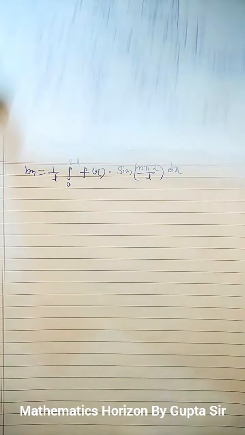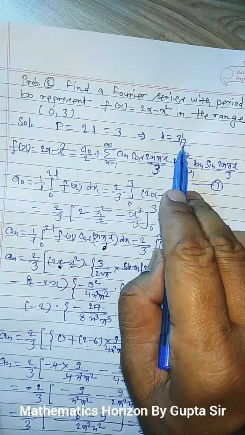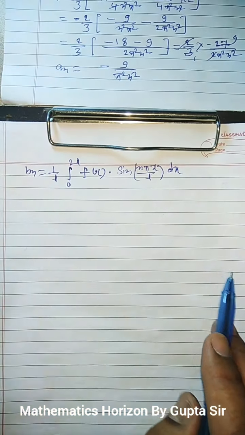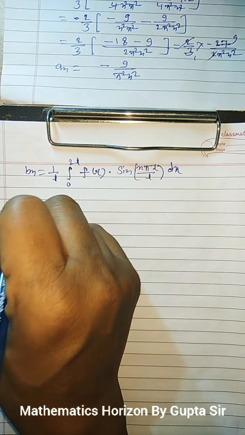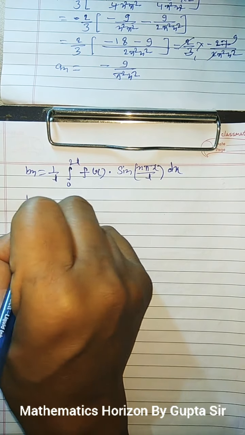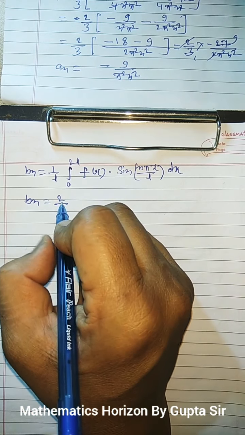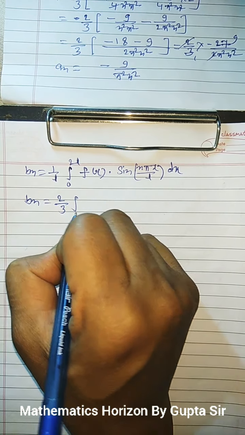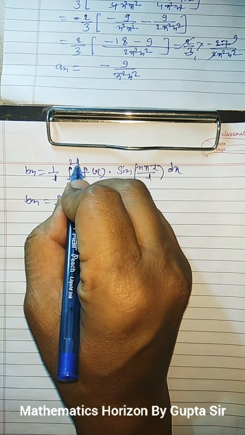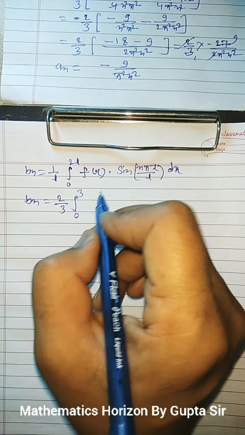But here we have L equal to 3 by 2. So when we put L equal to 3 by 2, means we have here bn equal to 2 by 3, and limit will be 0 to 3. When we put L equal to 3 by 2, 2 cancel out.